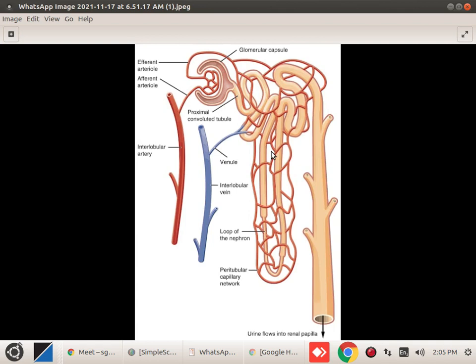First of all, the PCT gives the maximum of the nephric filtrate to the peritubular capillaries. Peritubular capillaries means the capillaries coming from the efferent arteriole. About 75% of the water they give back to the peritubular capillaries. Then again, through the Henle's loop and all, a little bit from there also.